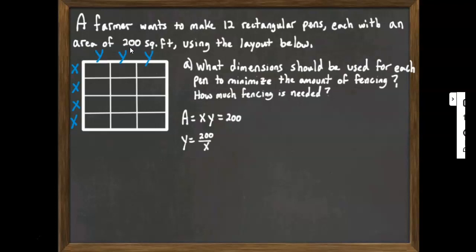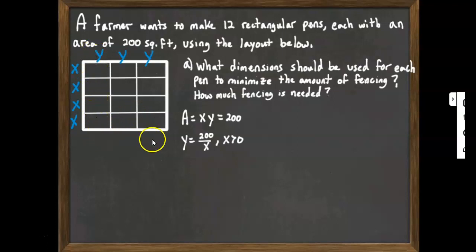So I might decide to solve for y, so I get y equals 200 over x. And remember, it's that auxiliary equation that can help me get practical constraints on the problem. Since y is 200 over x, about all we can say here is x has to be greater than 0. But we also realize there is going to be some reasonable limit beyond which, if you make x 300 feet long, then y would be 200 over 300, or 2/3 of a foot wide, that's probably not the optimal way to go.